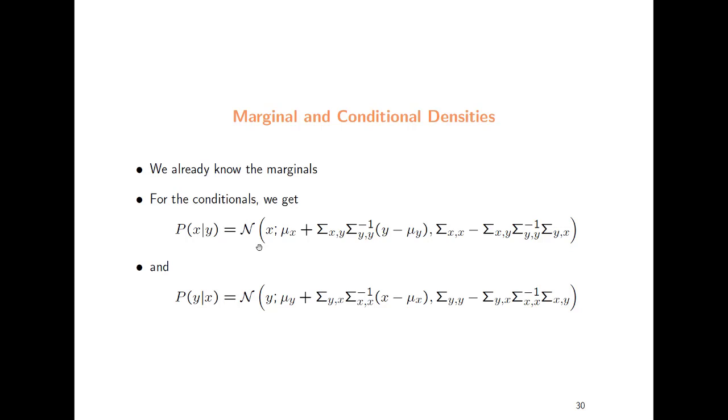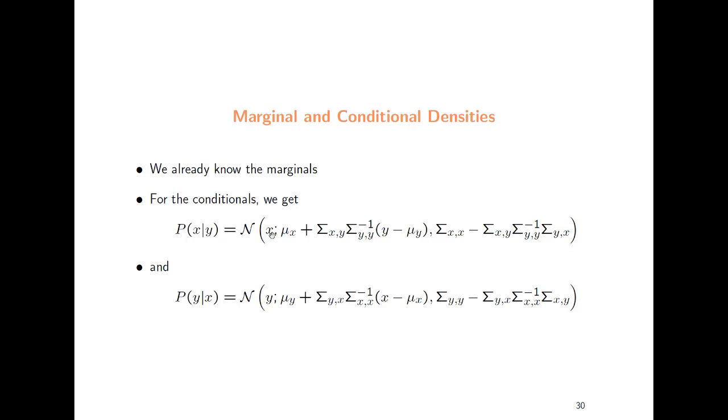And the expression for the mean now is a little bit more complicated. It's the mean of x plus the covariance xy times the inverse of the covariance yy. So these are the diagonal terms, and this is an off-diagonal term, times y minus the mean of y.